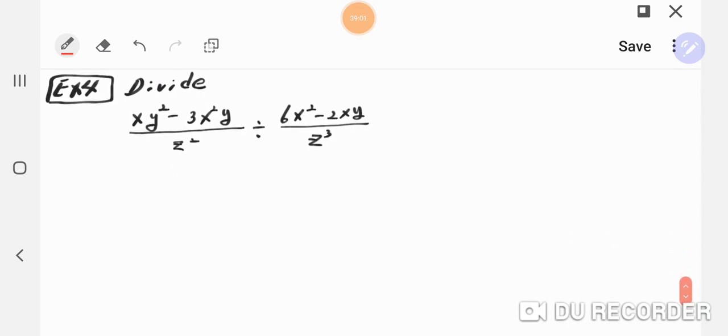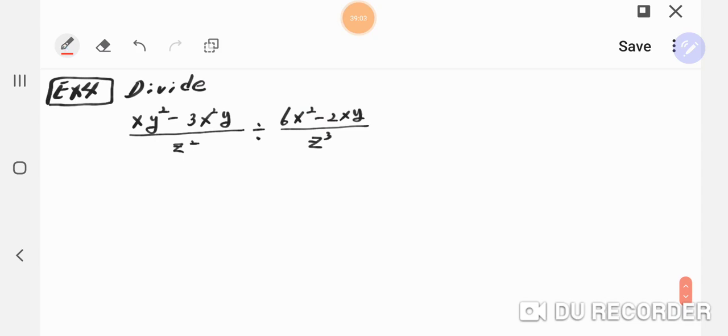Example 4. Since this is a division, we will change this into a product and interchange these two expressions. So let me rewrite it. Okay, it takes time. The first fraction is unchanged.